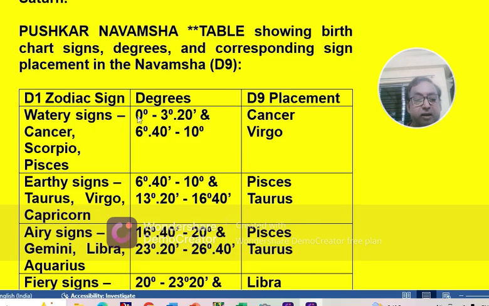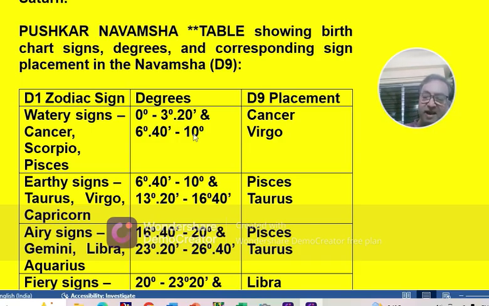Means if you count it straight away in the watery signs, from 0 degree from the beginning of the watery sign till 10 degree of the watery sign, this 10 degree portion are the Pushkar Navamsha degrees.